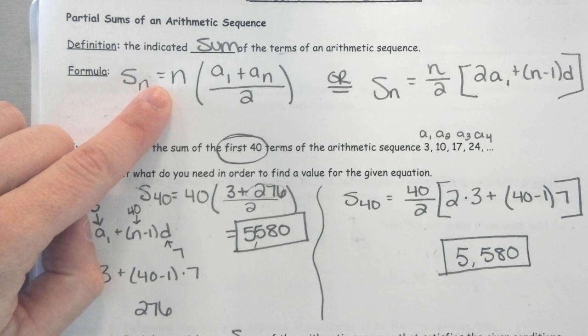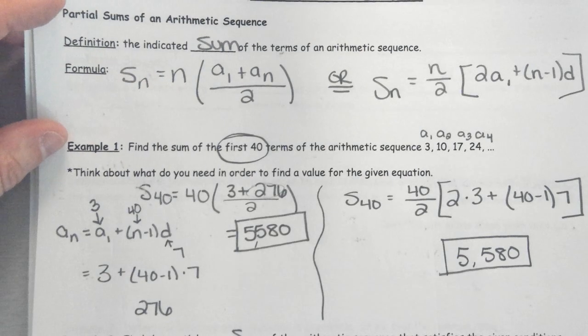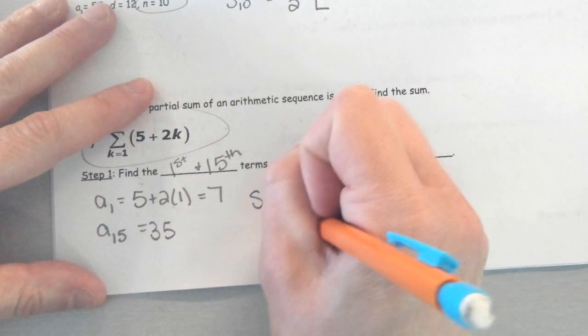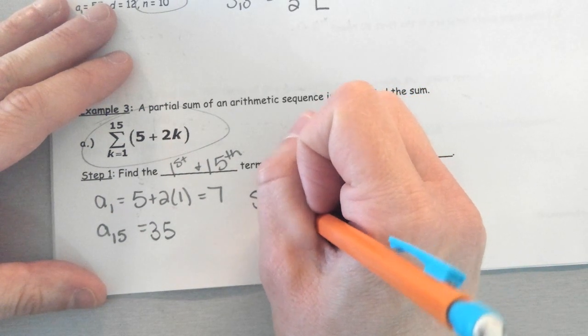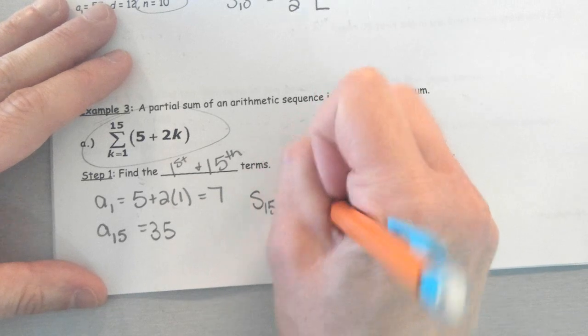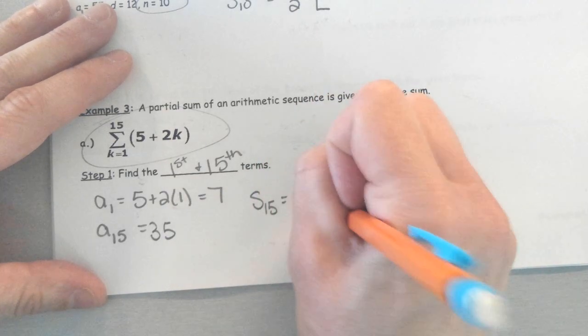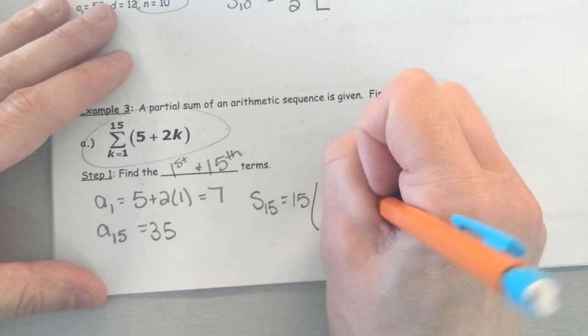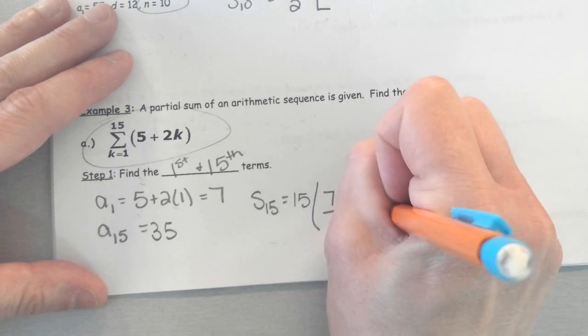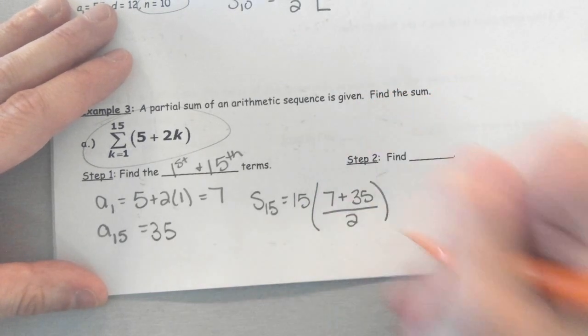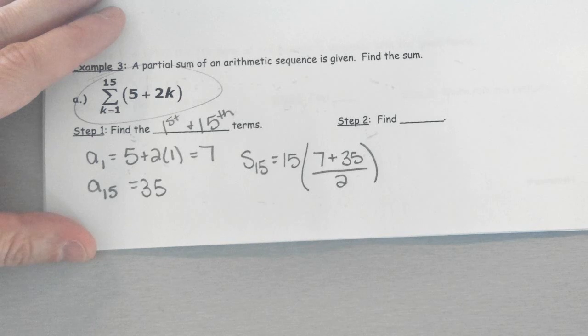Let's take a look at the formula again real quick. We have N, and then in the numerator we have A1 plus AN, and it's divided by 2. Okay. So we have N, which was the first 15 terms, times A1 plus AN. We just found both of those, divided by 2. Do you see how that formula is a little bit easier this time?